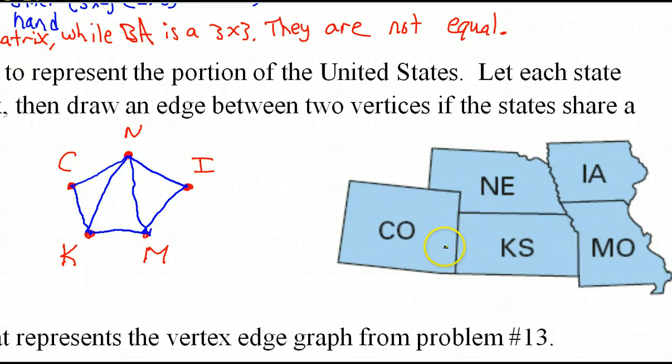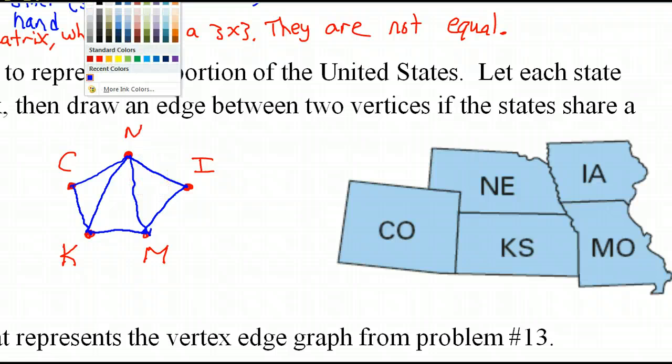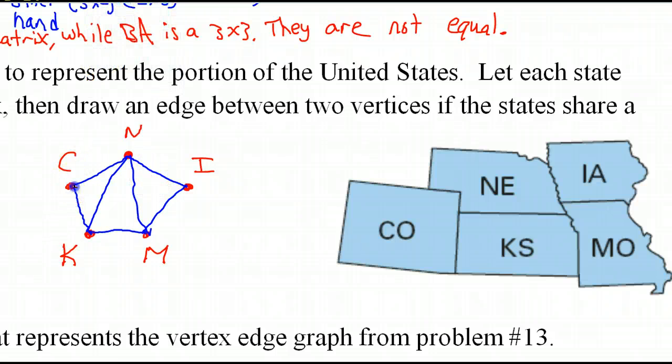Kansas shares a border with Colorado, Nebraska, and Montana. There's Colorado, Nebraska, and there's Montana. So there would be a nice vertex edge graph representing the situation of shared borders. Okay, so far so good.